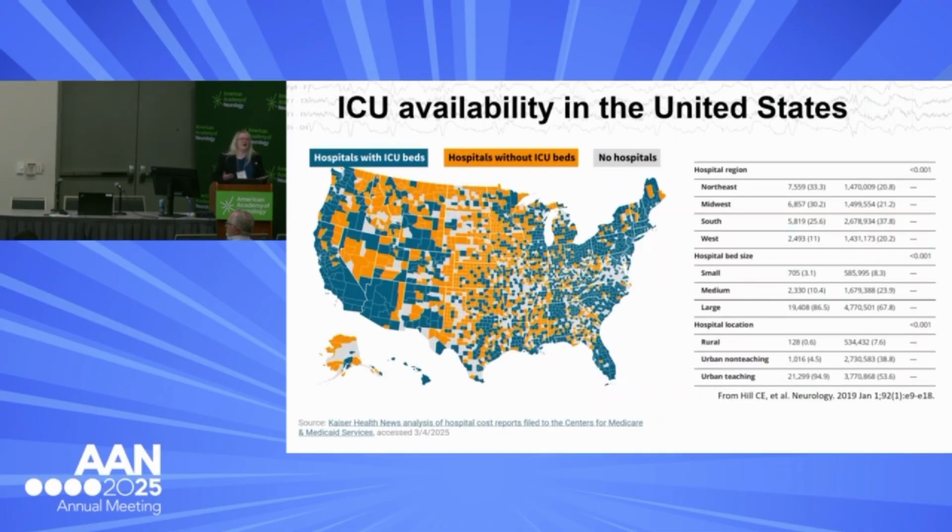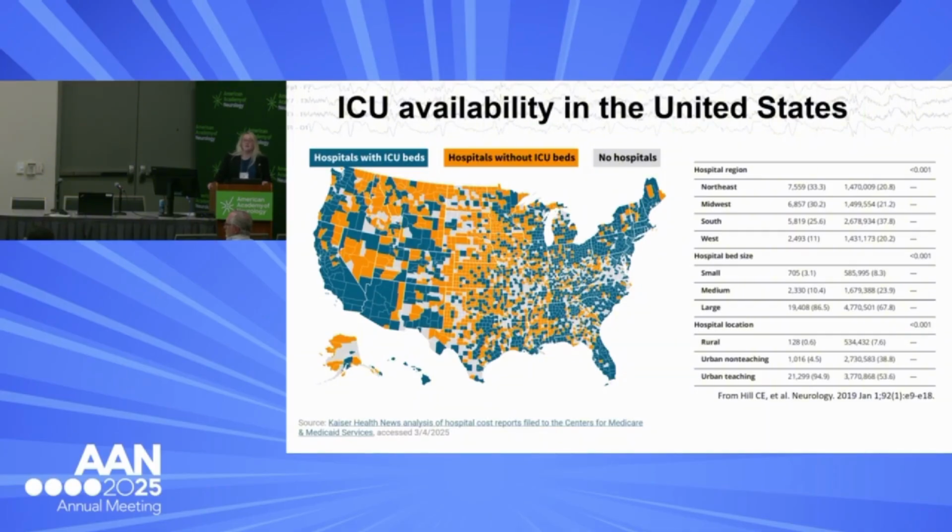I put this slide in here to remind you that although we think about ICU beds as being readily available across the country, there are still many areas of the world, many areas of the country in which ICU beds are not readily available.